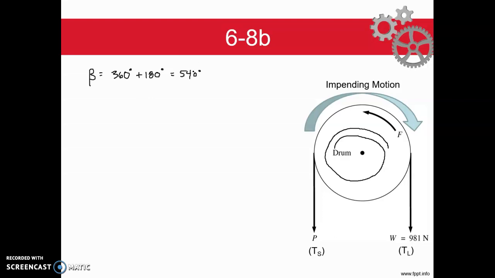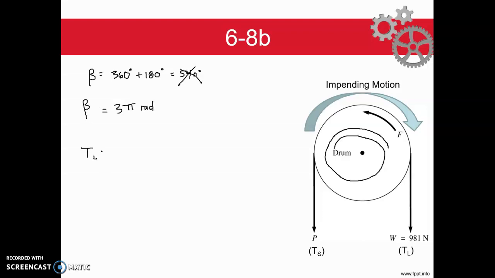But we don't want to use degrees, we want to use radians. So that's going to be 1 pi, 2 pi, 3 pi. 3 pi radians is the beta value we're going to use.